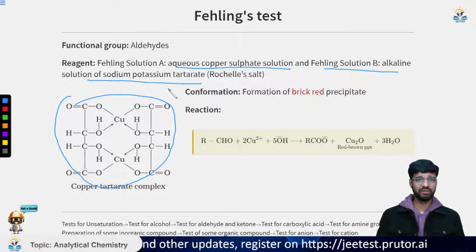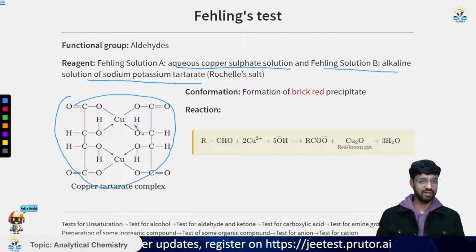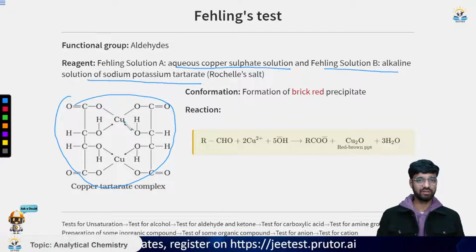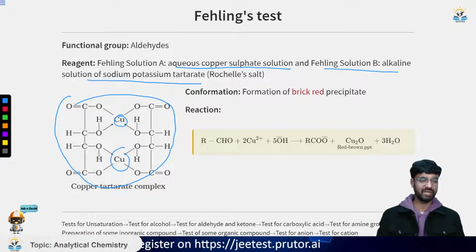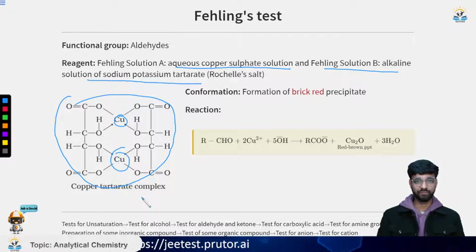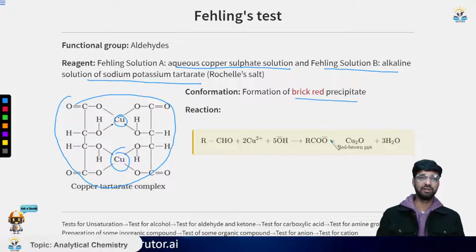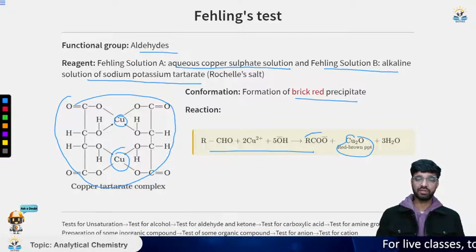Initially we have sodium potassium tartrate, and when we react it with the copper sulfate solution, both sodium and potassium are replaced by copper, and we get the copper tartrate complex. Again, the formation of this brick red precipitate indicates the presence of the aldehyde group. This is the reaction that we have, and again the RCHO is converted into carboxylate ion.